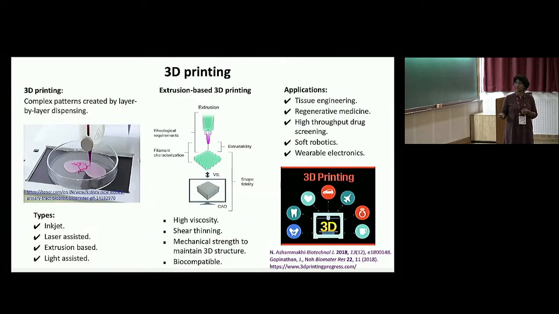So extrusion printing is nothing but simply you have your material, or in this case we call it an ink, in a syringe, and we apply a pressure and the ink flows, and the material is printed or deposited in layer by layer fashion. So you deposit layer one after the other and make a three-dimensional structure.